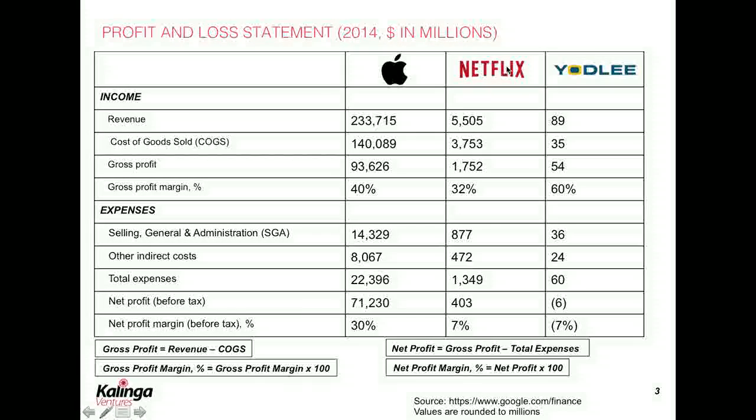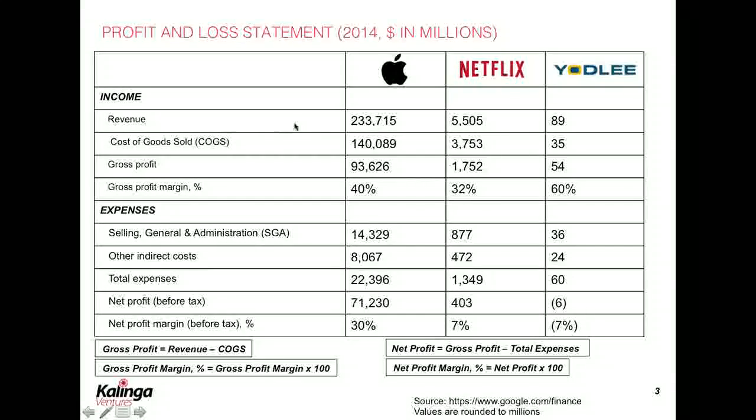The next company is Netflix, which makes their revenue through monthly subscription fees, where you pay a subscription fee and you can watch videos and movies online. And Yodlee is a company that makes apps, and they make apps for financial management.